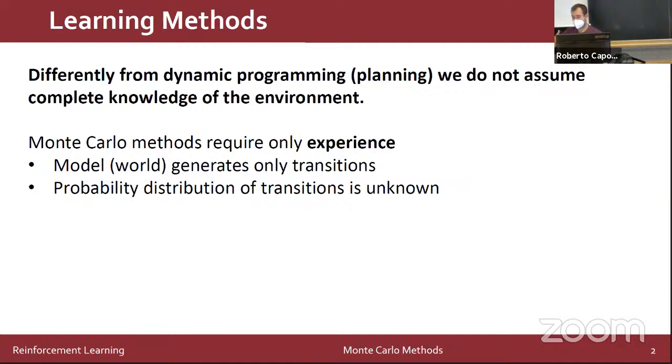So the agent is in a certain state, it performs an action, and it receives back a new state, a reward, and a termination condition. Just to repeat what setting we are in. And the agent does this several times until this termination flag becomes true.